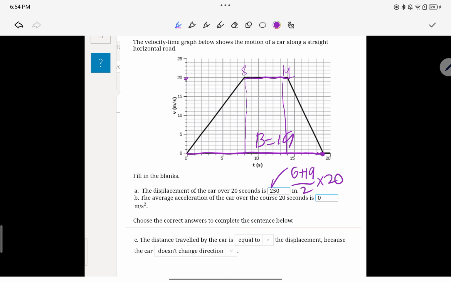It's equal to 250. Now we have to find the average acceleration, so slope, y2 minus y1, in the course of 20 seconds, so where it meets here and here, so 19, sorry, no, here it's going to be 19 and 0, and here it's going to be 0 and 0.